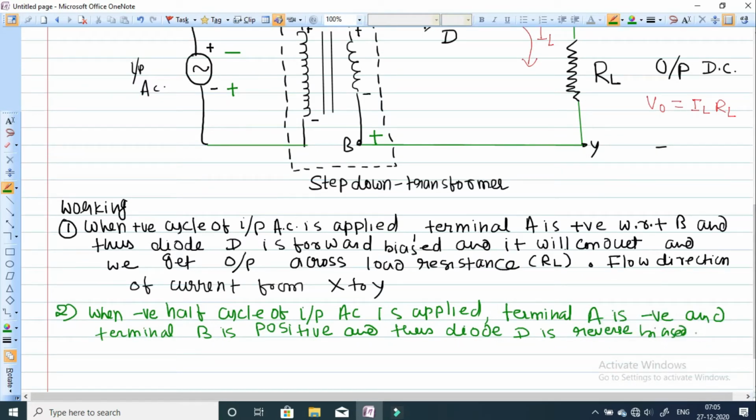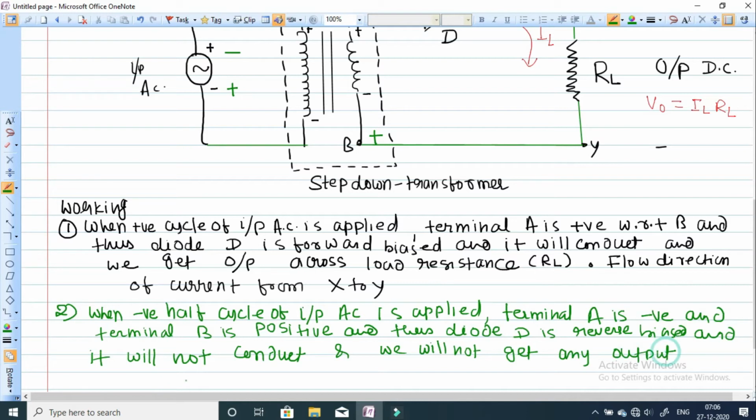So it will not conduct, and we will not get any output across the load resistance. So here the output voltage will be equal to 0, but in the positive cycle the output voltage will be equal to IL into RL.